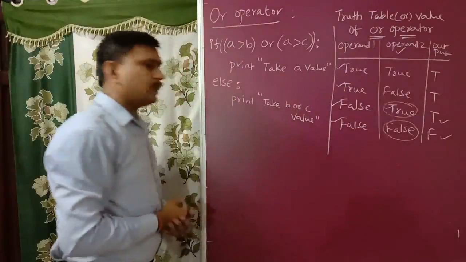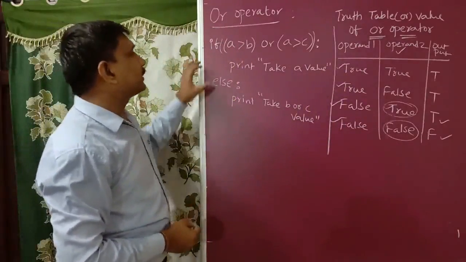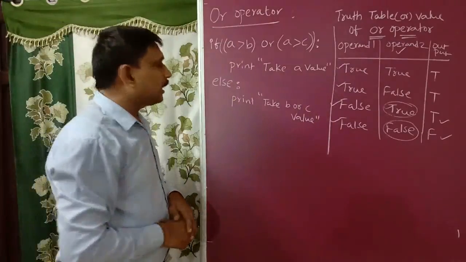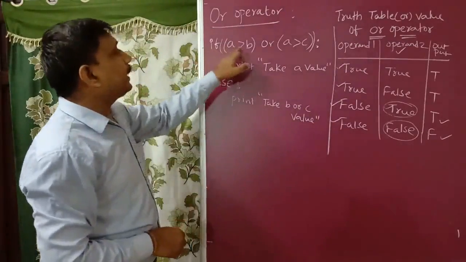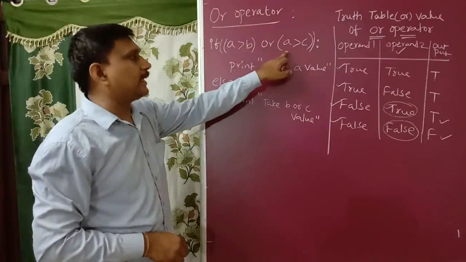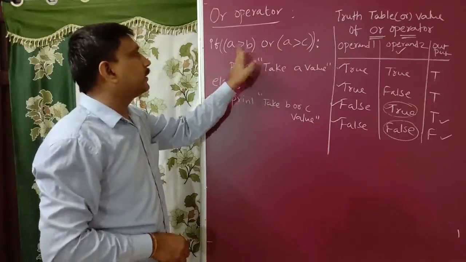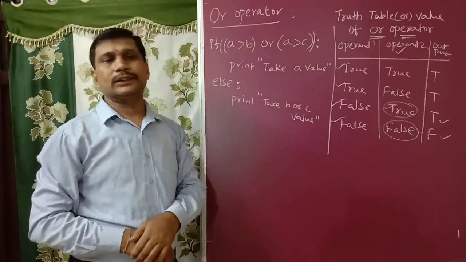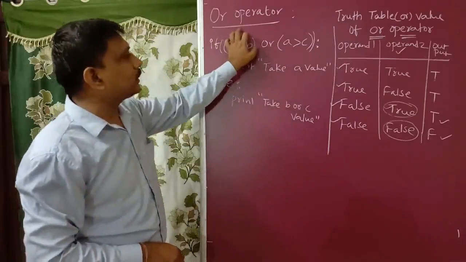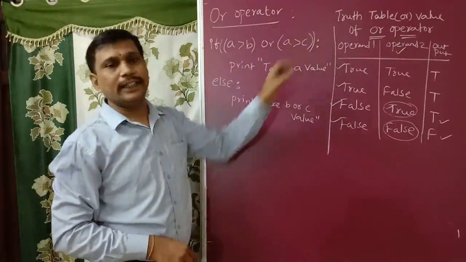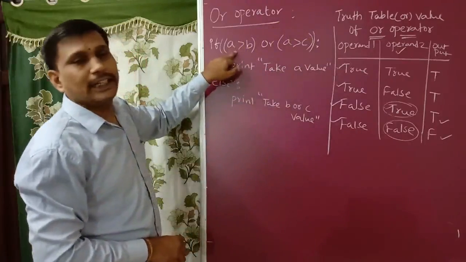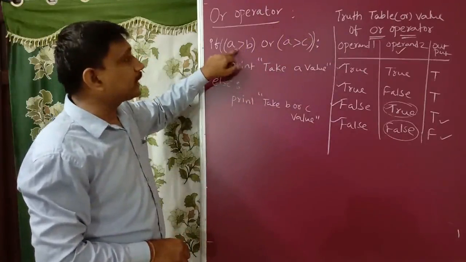See this example. I am writing a simple code using the OR operator. If A is greater than B or A is greater than C, then we decide. Here we write two conditions: the first condition and the second condition. We first evaluate the first condition.